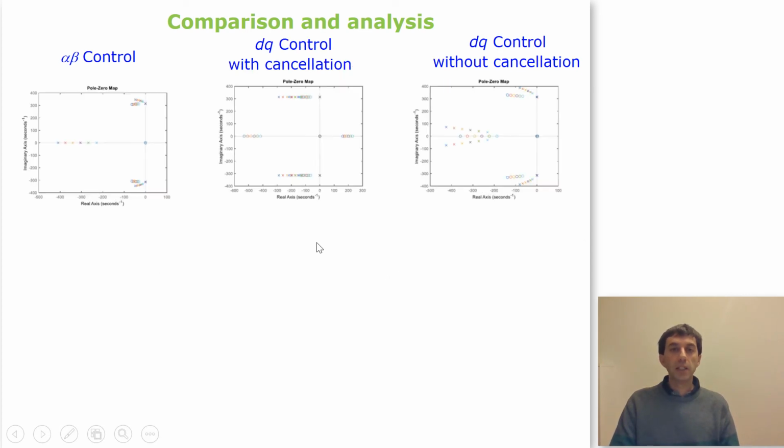And for a final analysis, we can show how changing the gains of the regulators, again using the same numbers in all the three controls, the poles are modified by changing the Kp and Ka. And this is how the poles and the zeros are modified in all the controls. This is the tendency.